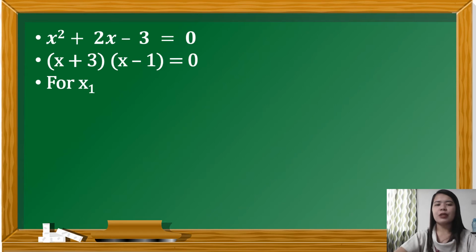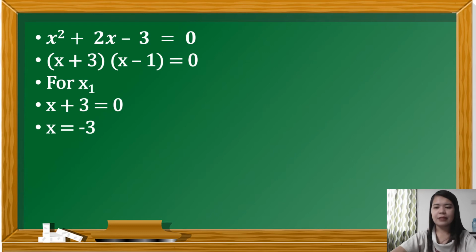For x sub 1, we will use x plus 3 and we will equate it to 0. So it will become x plus 3 is equal to 0. To solve this one, you have to transpose 3 to the other side of the equation. So you have here x will be equal to negative 3.